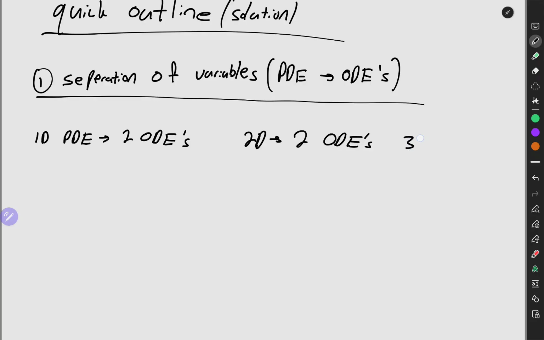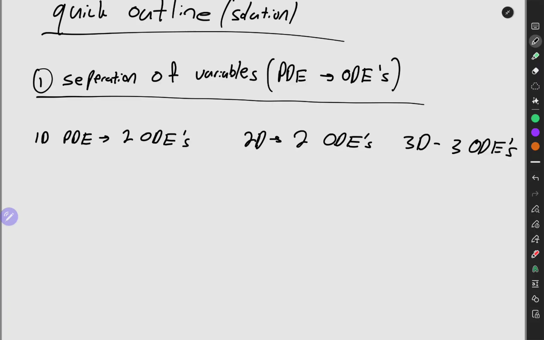And a 3D, which I don't believe we will be looking at, but that'll produce three ODEs, and this is where it gets really complicated to solve. That would be a very long video to make, which I don't believe we're doing. We might separate the variables of a 3D PDE, but we're not going to go any further than that.